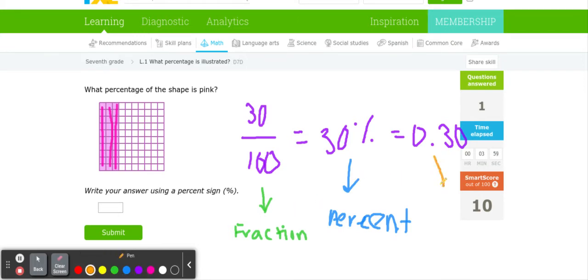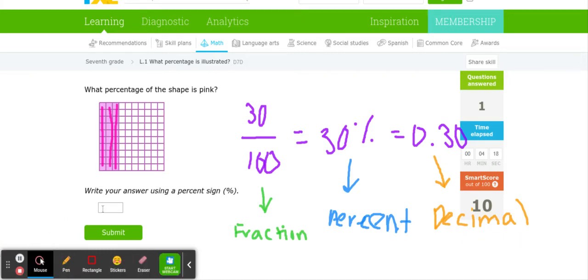And that right there is a decimal in this case. You can also write it in a few other ways, like as a ratio. But these are the three main ways that we know numbers are written: a fraction, a percentage, and a decimal. So let's write our answer as 30%.